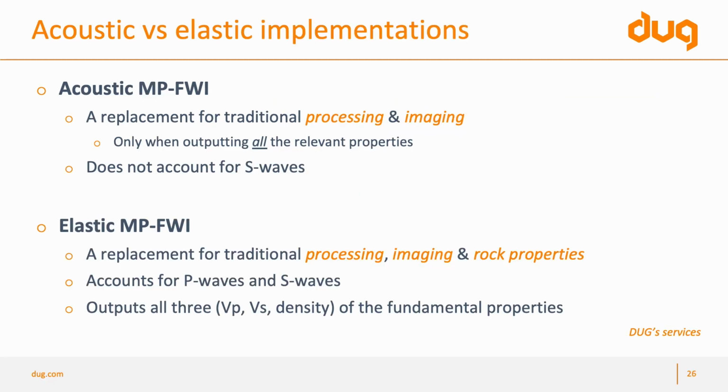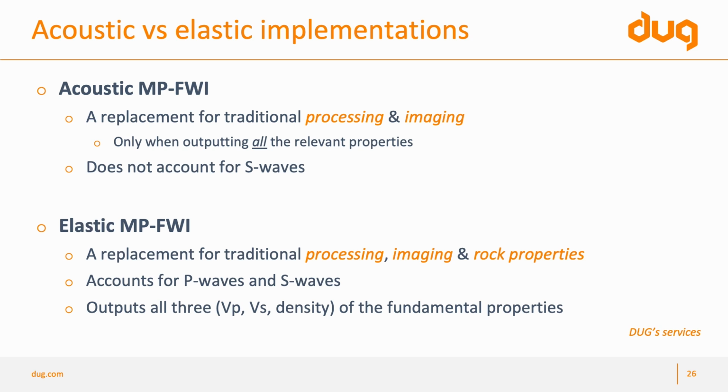This leads us to a final pair of terms, which also relate to the complexity of the Earth model being used. The two classes of FWI are known as acoustic and elastic implementations. The fundamental difference is the handling of S waves. Acoustic versions ignore shear waves, elastic versions utilise shear waves. While this is just one extra property, it is a significant difference from a number of standpoints.